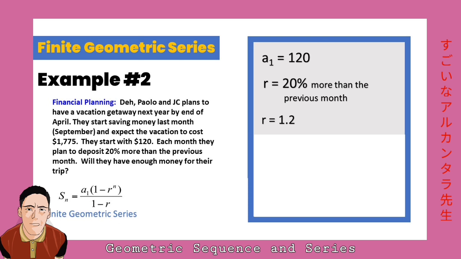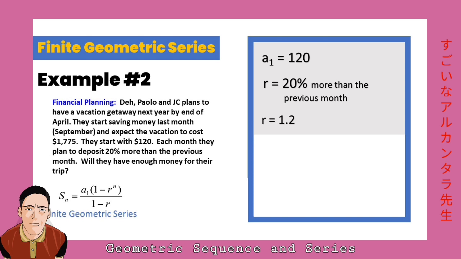So how did it become 1.2? So 20% is added to the percentage of the previous month, which is 100%. Altogether, that will be 120%. And if you convert 120% into decimals, it's going to be 1.2. And that's why the ratio is 1.2.